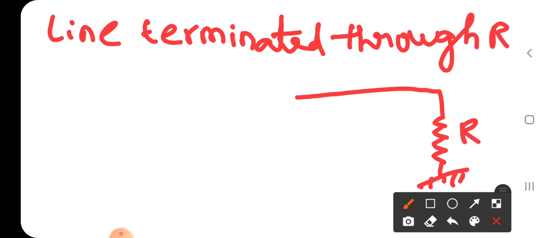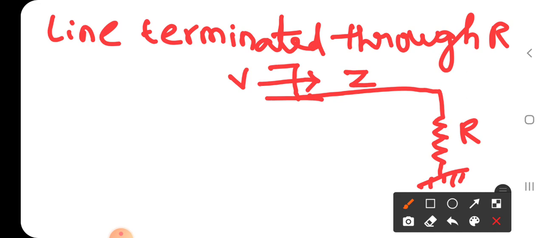Now, what is the impedance of the transmission line? Z. So here the switch is closed and the voltage V has to travel along with I. Let us write down some points regarding this.